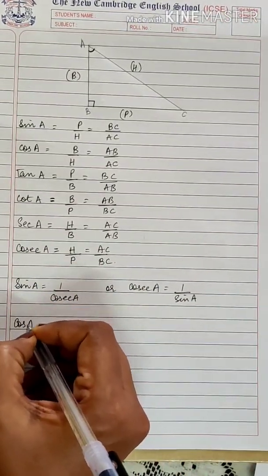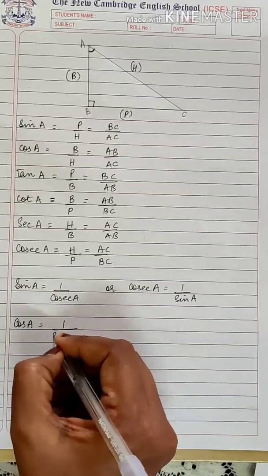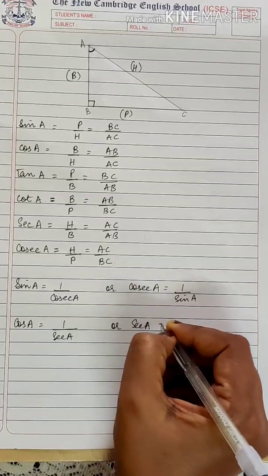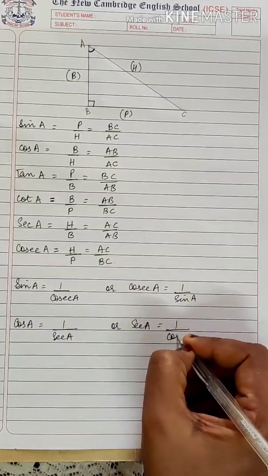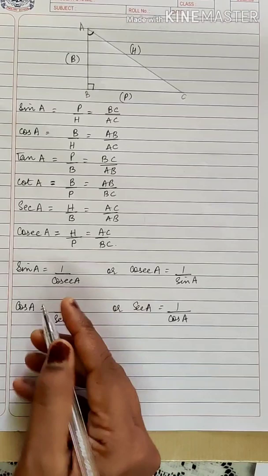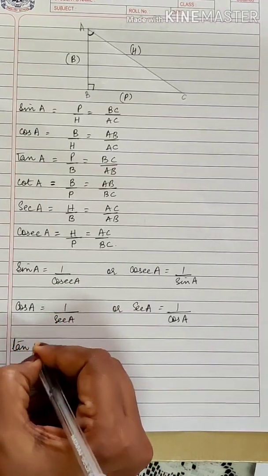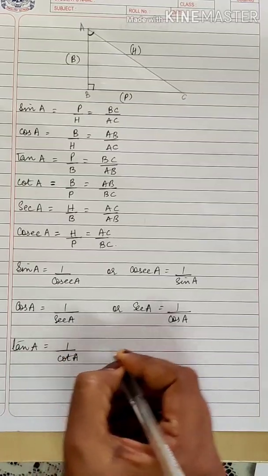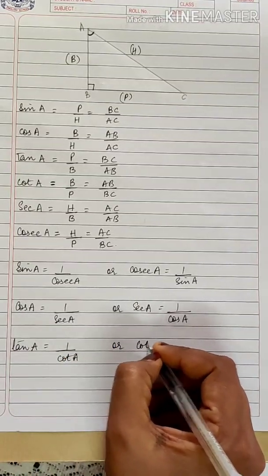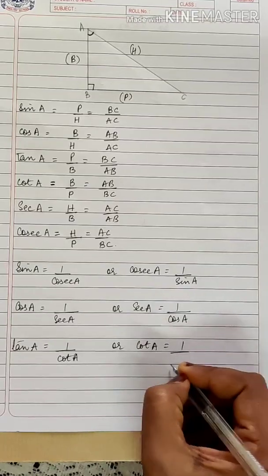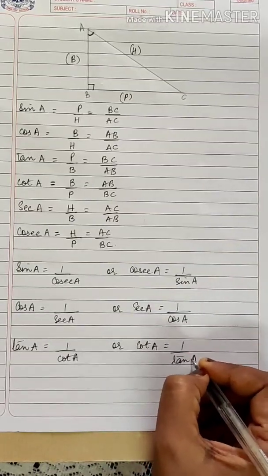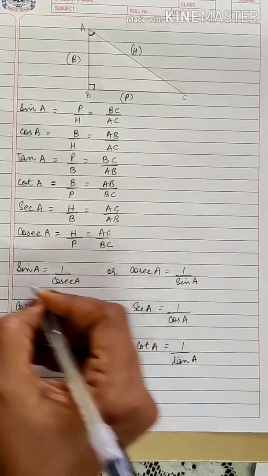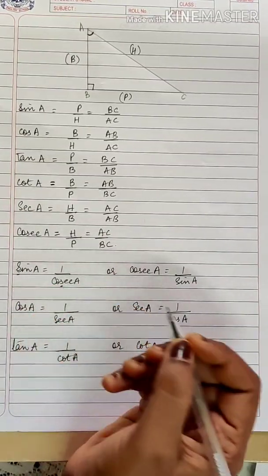Similarly, cos A is equal to 1 by secant A, or secant A is equal to 1 by cos A. And the last one, tan A is equal to 1 by cot A, or cot A is equal to 1 by tan A. If you see, sine A and cosecant A, the third letter: here it is sine, so it is cosecant.